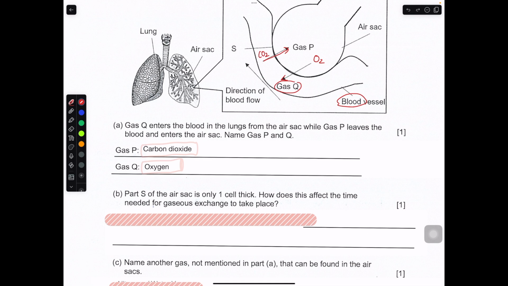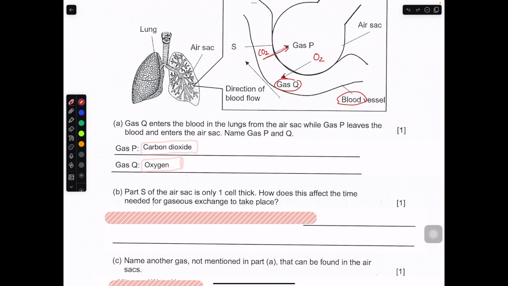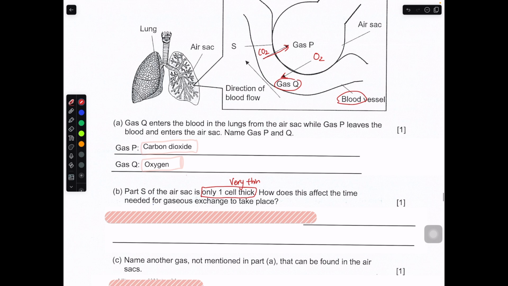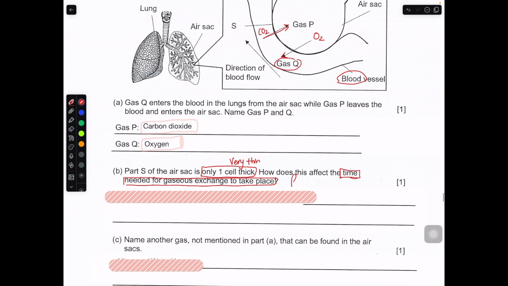Part S of the air sacs is only one cell thick. So when it's trying to say this one cell thick, not many cell thick, it's trying to say that it's very thin. How does it affect the time needed for the gas exchange to take place? So gas exchange could take place either very fast or slow.